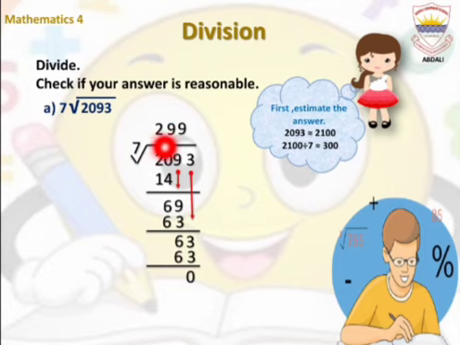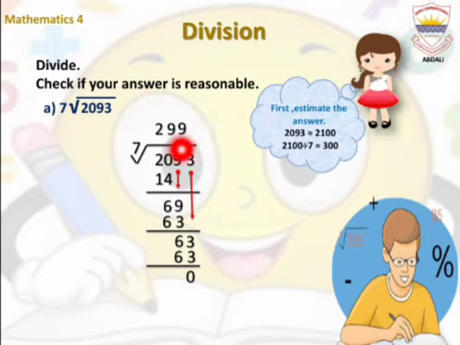When we divide 2093 by 7, we get our quotient 299. Now student, check if your answer is reasonable.